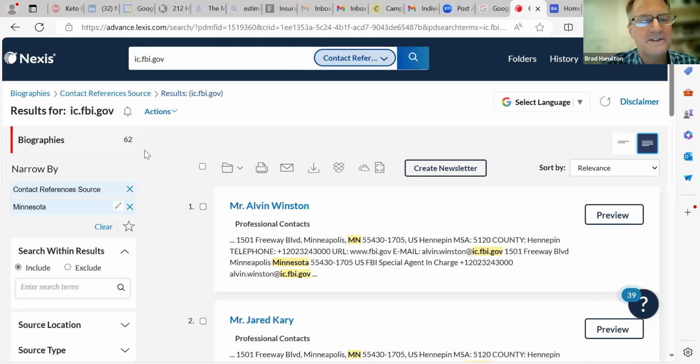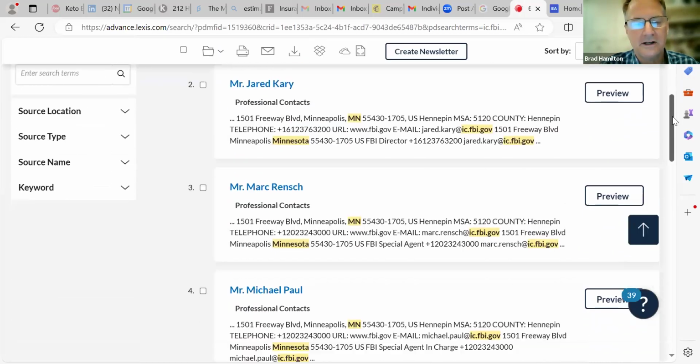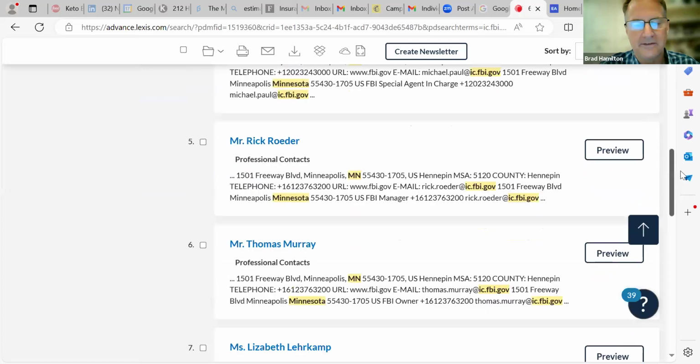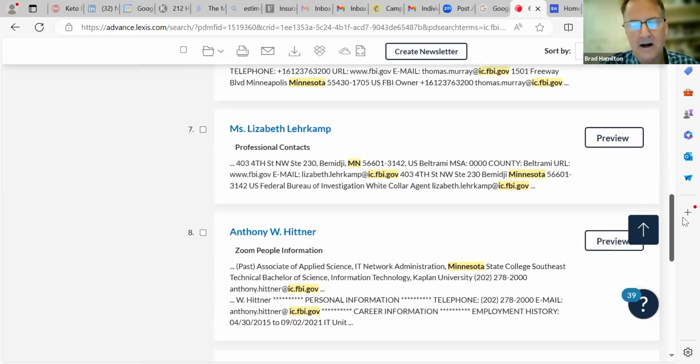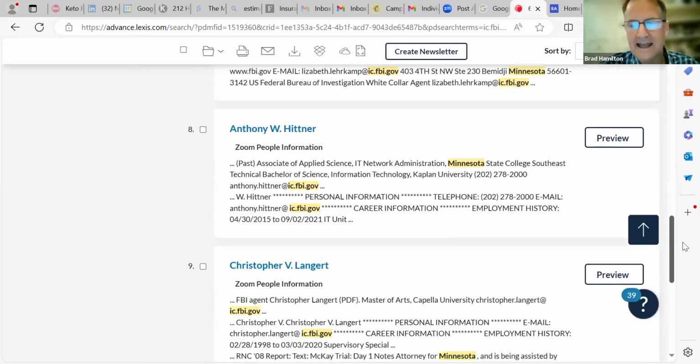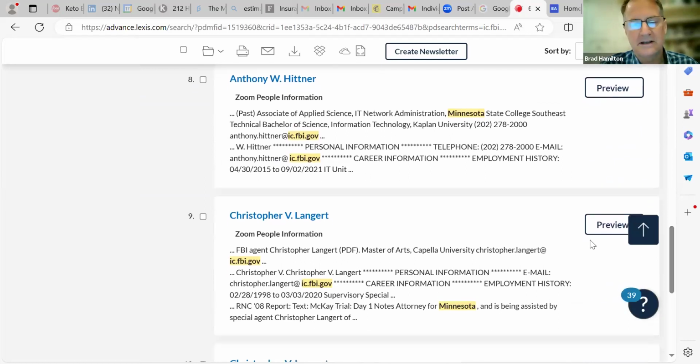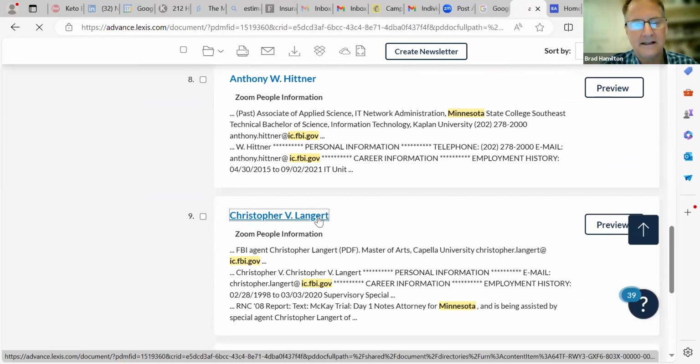Look, so we went from 10,000 plus to 62. Well, that's a reasonable number of people that you can look through. Like all these different people. Well, who are all these people? Well, they are FBI agents or former FBI agents who have some connection to the state of Minnesota. Let's check out this guy, Christopher V. Langert.